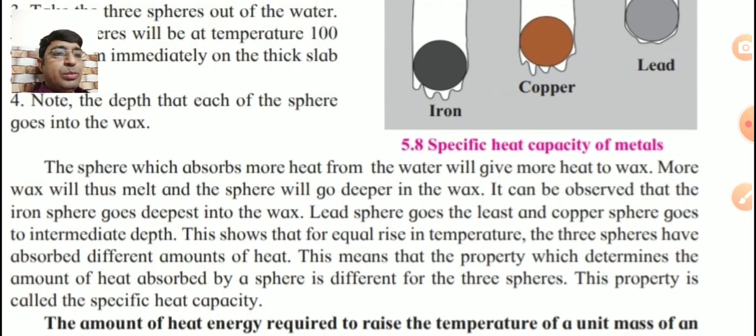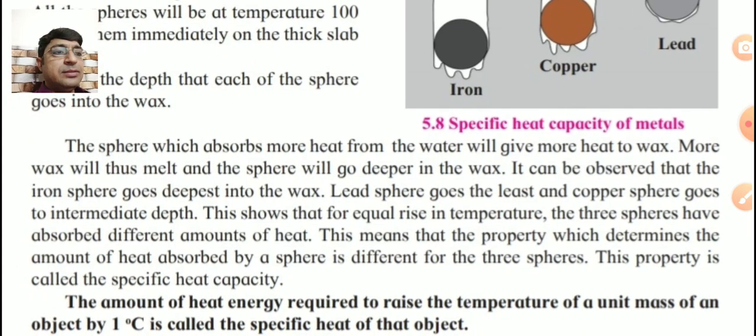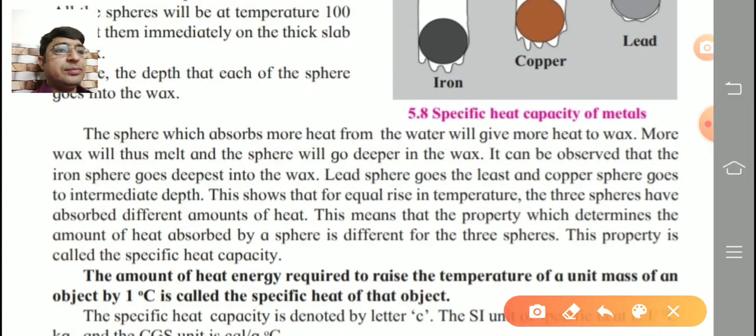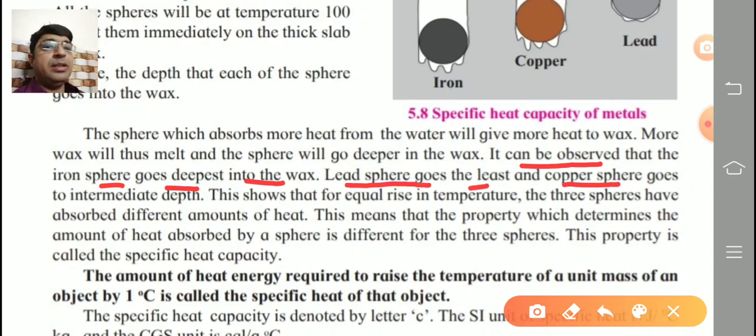So which sphere absorbs more heat? Obviously iron. Which sphere absorbs the least heat? Obviously lead. And intermediate, that is the copper. So it can be observed from the figure that the iron sphere goes deepest into the wax, lead sphere goes least, means minimum, and copper sphere goes to intermediate depth.